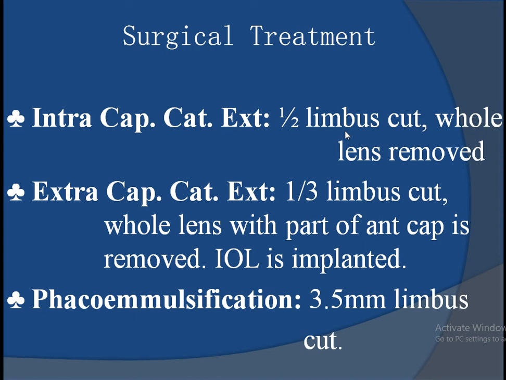At that site, almost half of the limbus was cut, a very large incision was given, and through that incision the lens was removed with its capsule. Then with time the next procedure came, and nowadays some ophthalmologists still perform extracapsular extraction also, but mostly phaco is done.